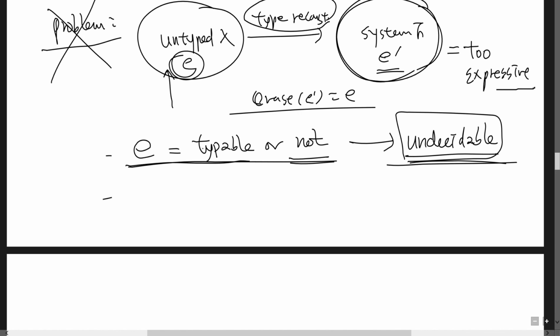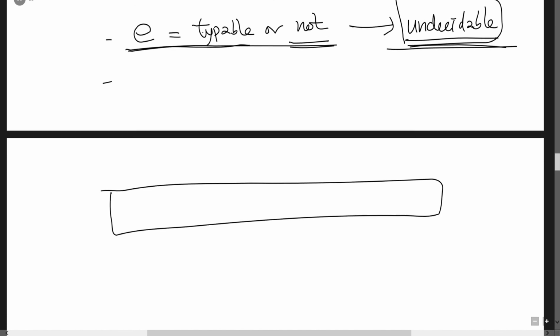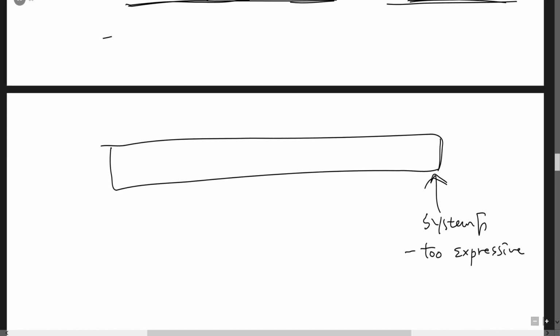We can imagine that there is some kind of spectrum. System F lies at the right extreme, the right end of this spectrum. It is too powerful, too expressive, and the price that we have to pay for its expressive power is that type reconstruction is undecidable.